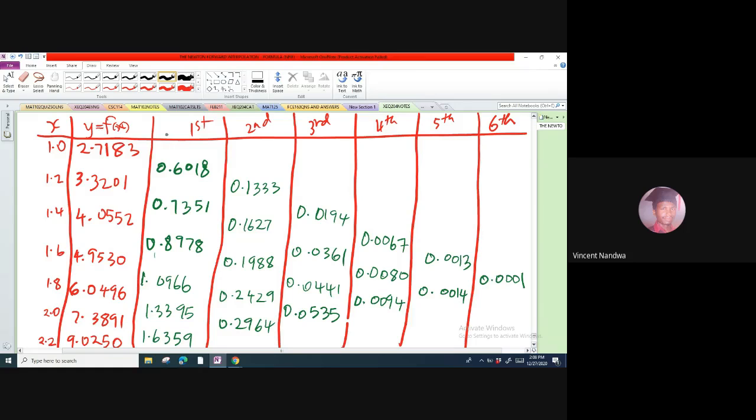So we come here and identify the 1.2. So this 1.2 is this value here. It's one of the mesh points. So therefore, you pick this diagonal.